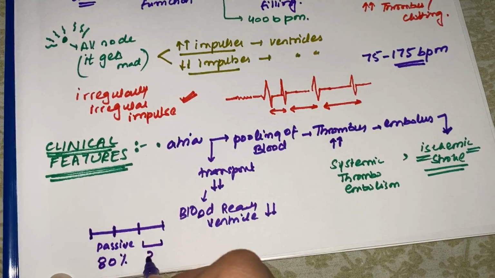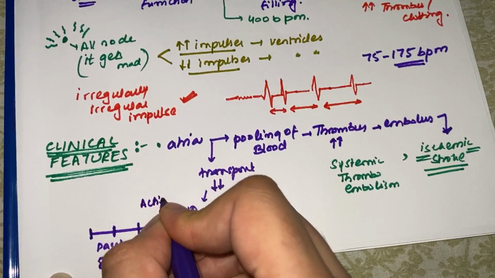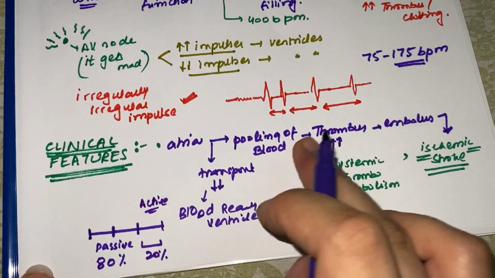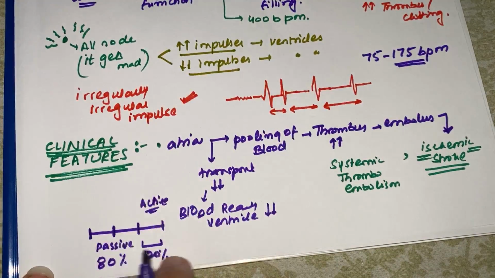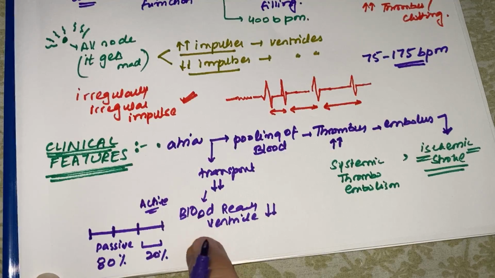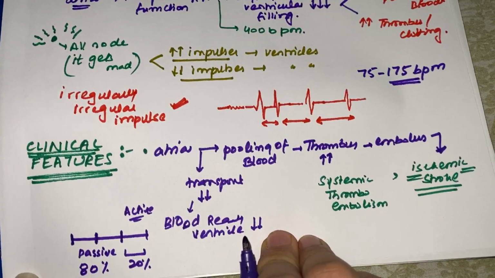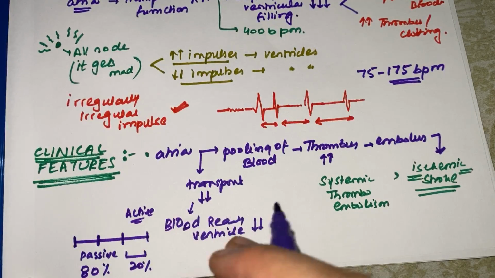Now the remaining 20% of the blood is by active contraction of the atria. Now in this disease, the atria is abnormal, it is not able to pump this extra 20% of the blood. So in normal conditions, when the patient is not having any stress, this 80% of the blood is sufficient and the patient will be asymptomatic.